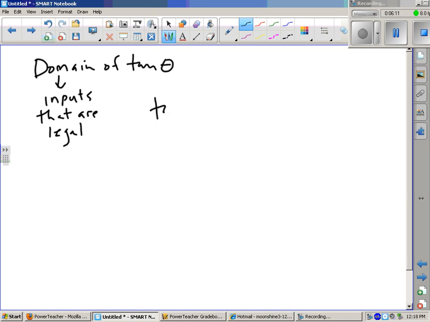Tangent, remember, is y over x. Something that would be illegal would be if this were a 0. Okay, that would make it undefined. The symbol for undefined is that circle with the slash. So I want to know tangent. Another way to talk about it is sine over cosine.